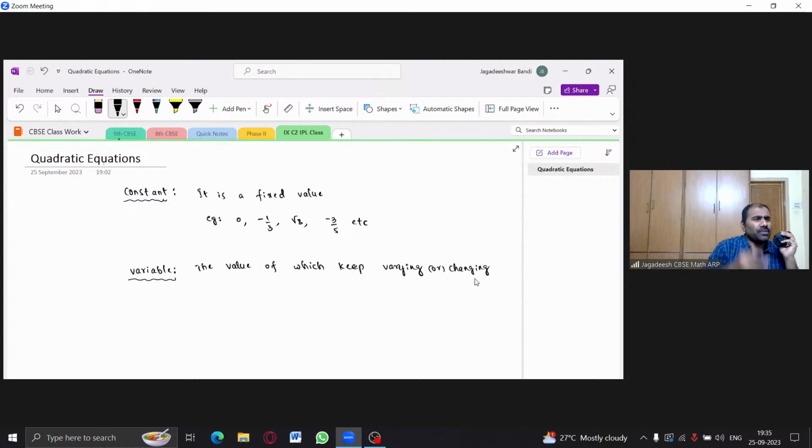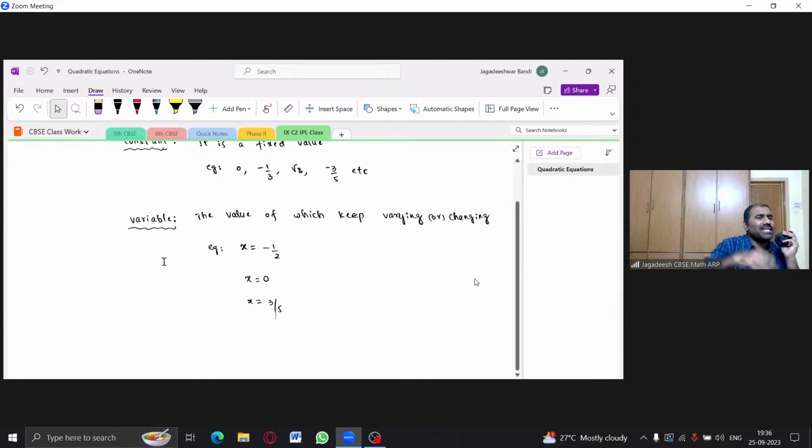For example, you might have solved a number of problems as of now. In one problem, you might have been finding the x value. In one case, you might have got x equal to 1 by 2. In another case, x equal to 0. Or in another case, x equal to 3 by 5. So from case to case or situation to situation, the value of x keeps on changing. So here x is called a variable as it varies its value.